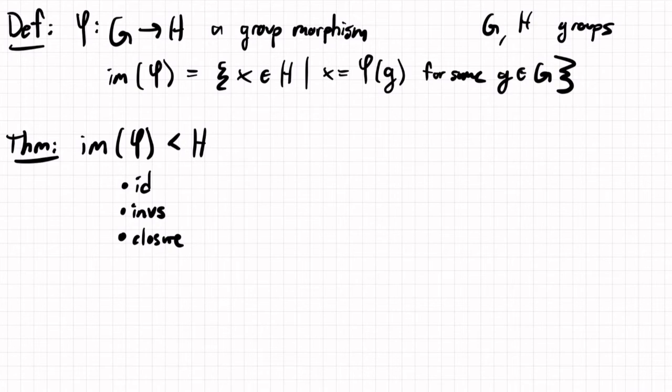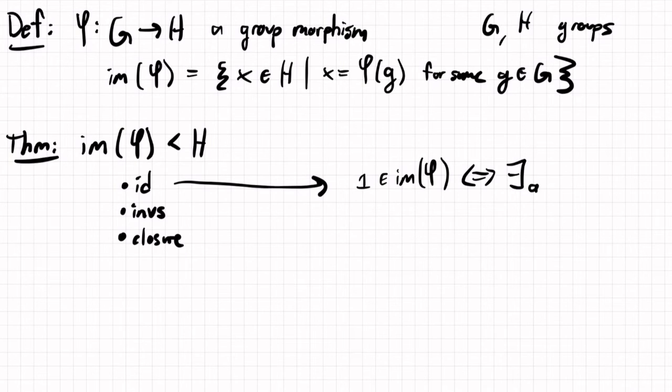First, let's start with the identity axiom. We need to show that 1 is in the image of phi. That would be the same thing as saying that there exists a g such that phi of g equals 1.